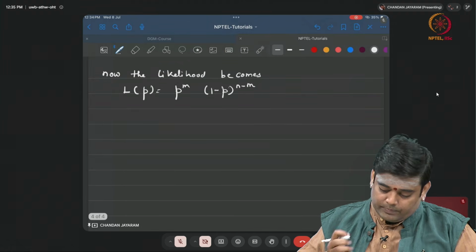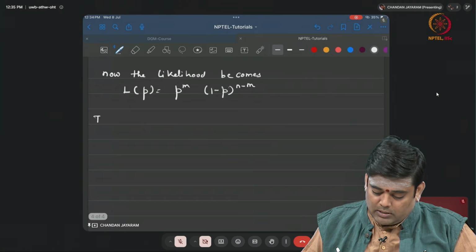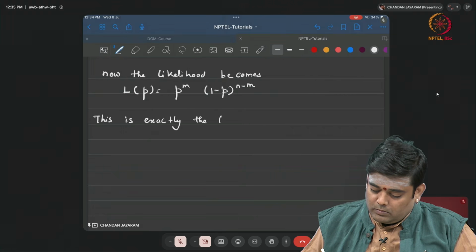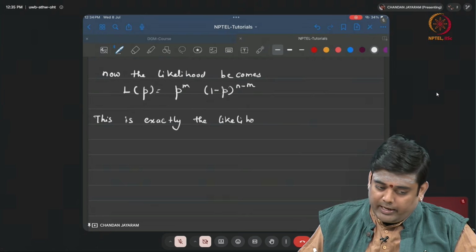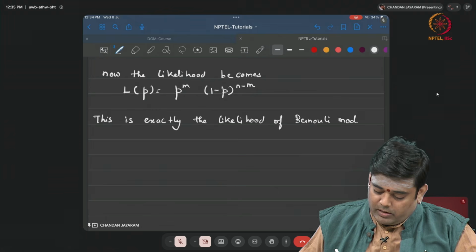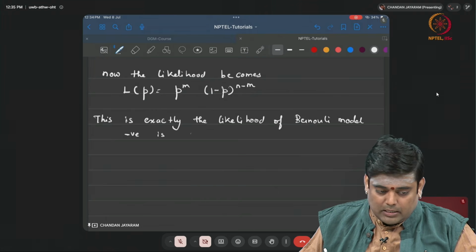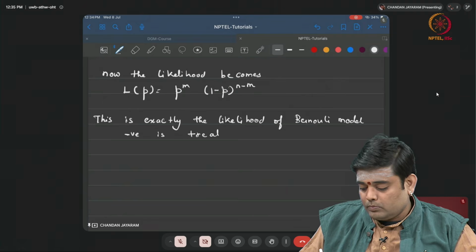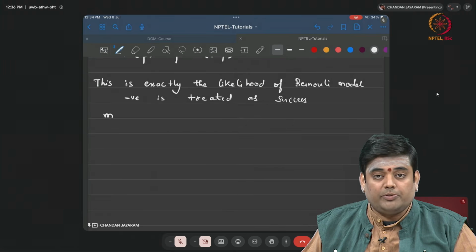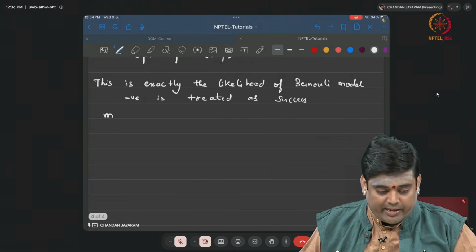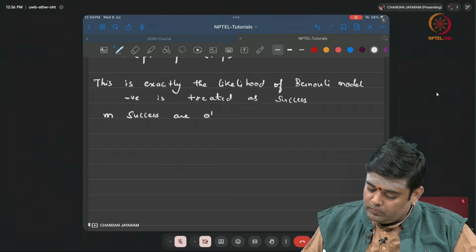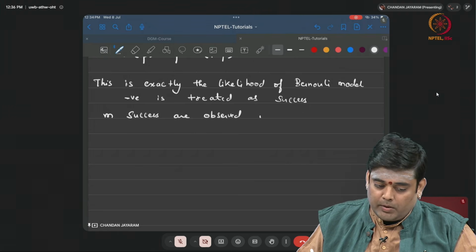So this is exactly the likelihood of the Bernoulli model, where the negative is treated as success, and then we have m successes that have been observed out of n observations or n trials.